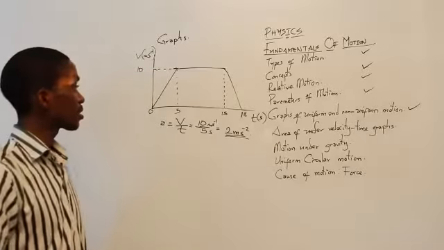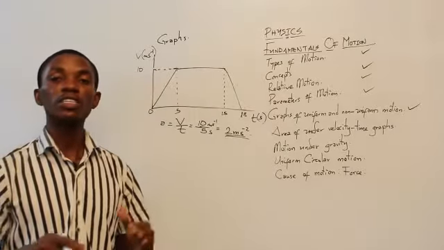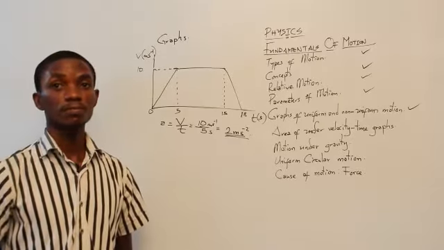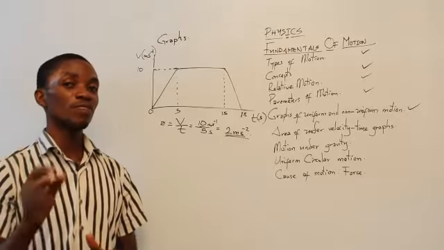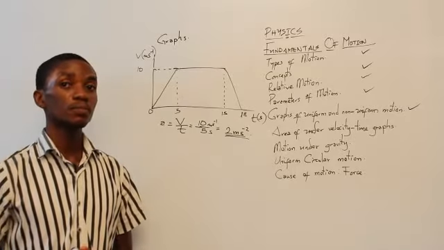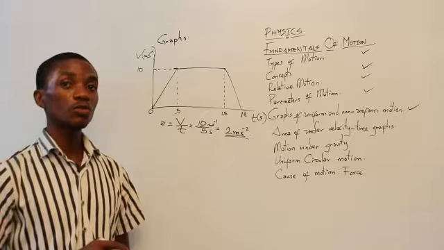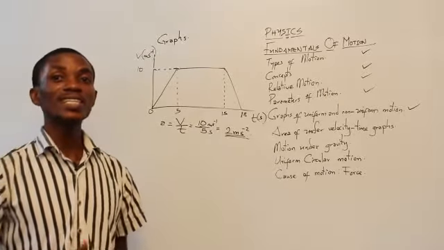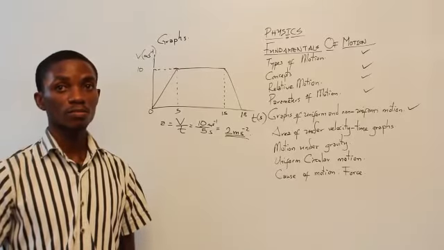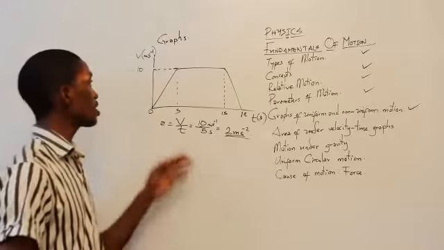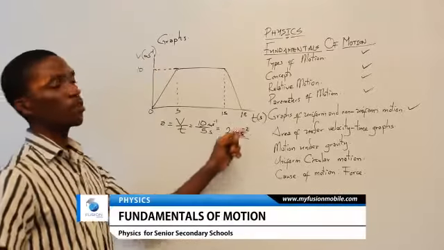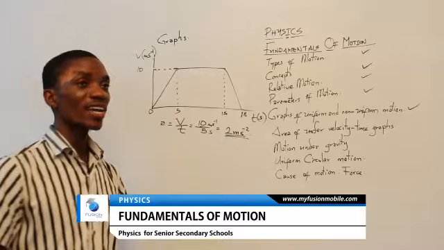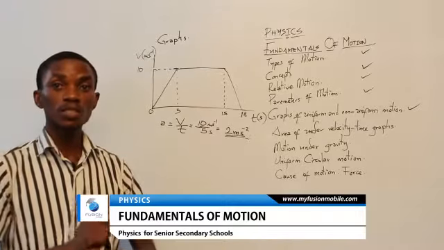Another question that can be asked is, for how long did the vehicle move with a uniform velocity? It's a very simple one, but can be tricky. The first thing to note is, when did the uniform velocity start? Uniform velocity is only indicated on the velocity time graph by a horizontal line. So we need to look for where our horizontal line starts and at what time.